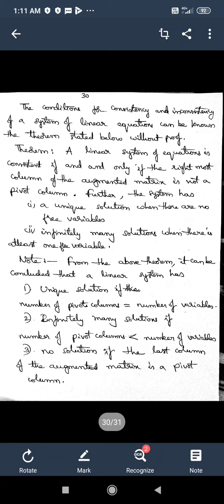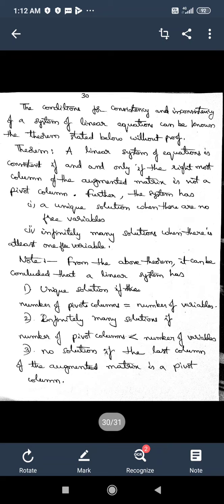A linear system of equations is consistent if and only if the rightmost column of the augmented matrix is not a pivot column. Further, the system has a unique solution when there are no free variables, and infinitely many solutions when there is at least one free variable.